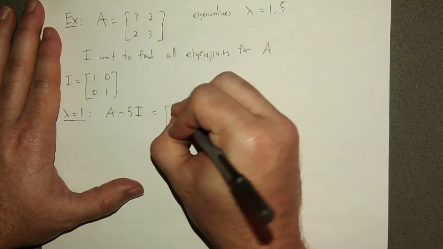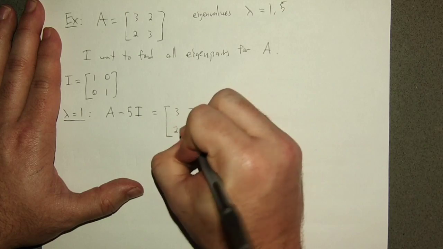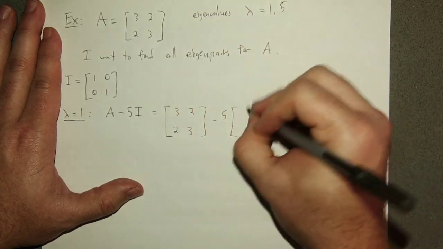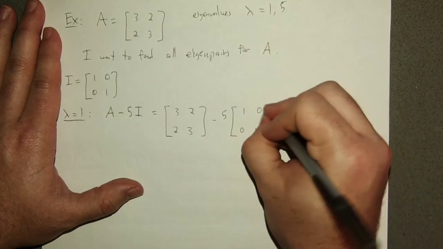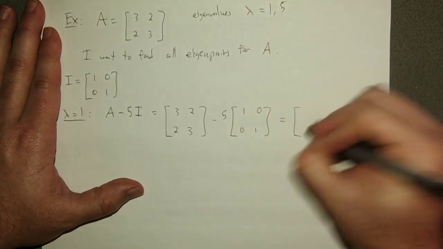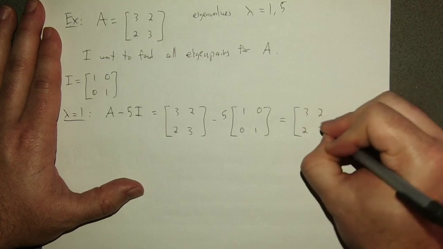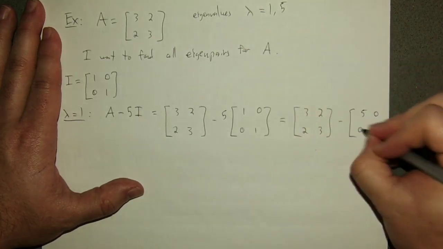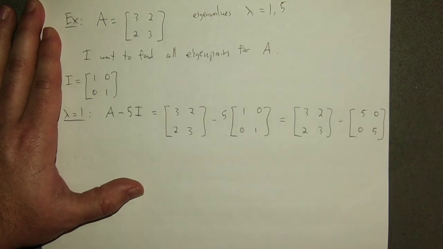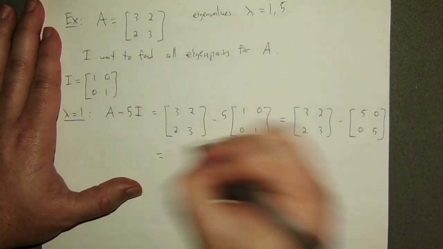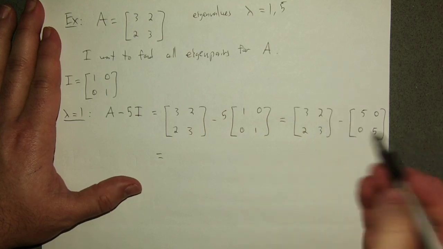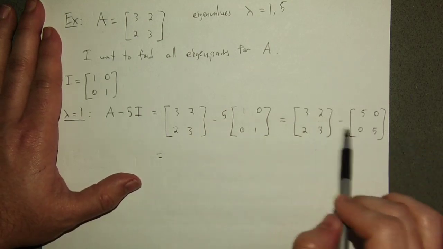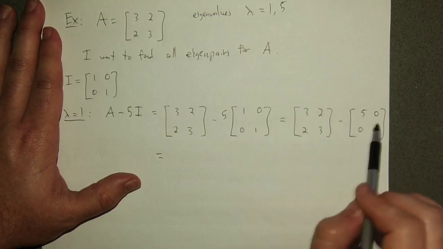A is 3, 2, 2, 3 minus 5 times the identity matrix, which is 1, 0, 0, 1. So this is 3, 2, 2, 3 minus 5, 0, 0, 5. This is entry-wise. The matrices have to be the exact same size, but once you have that, you just do any of these operations entry by entry.